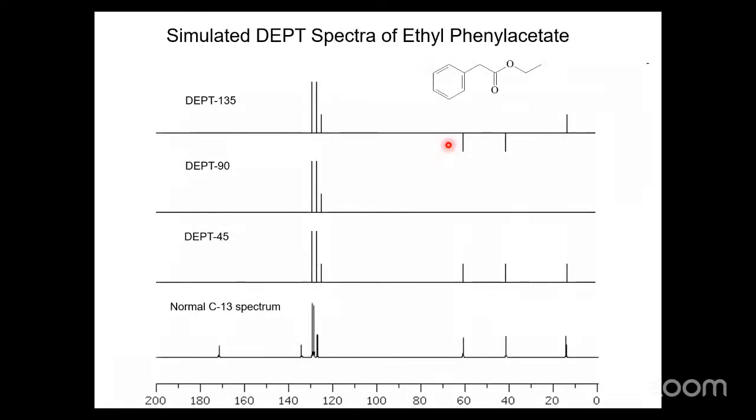Again, this is the example of ethyl phenyl acetate, where we can assign exactly the C chemical shift to all the carbons by using the DEPT technique.